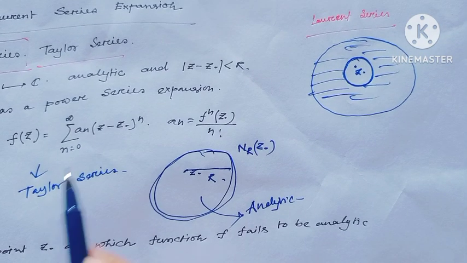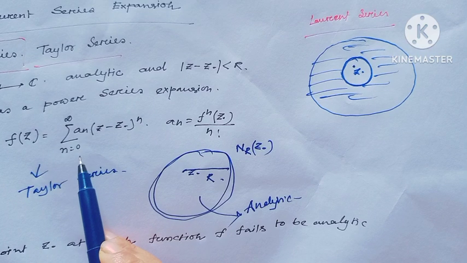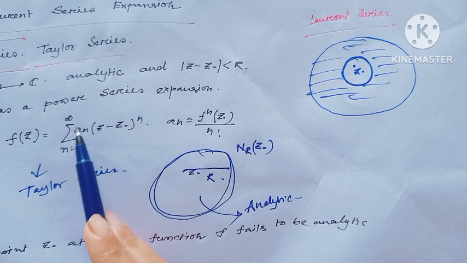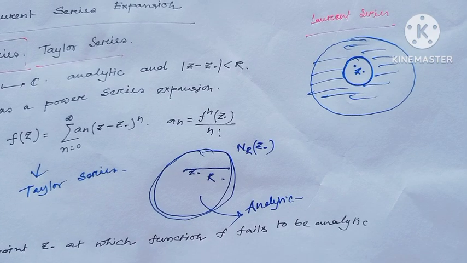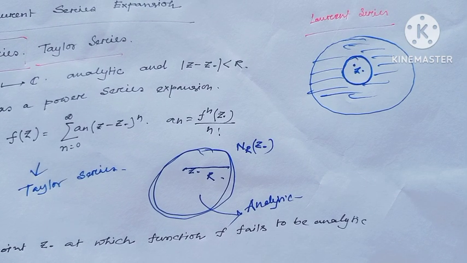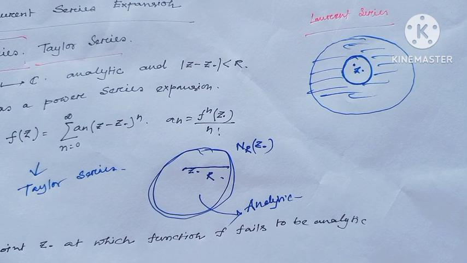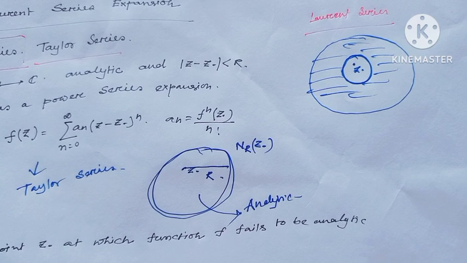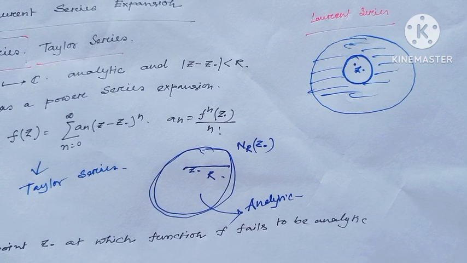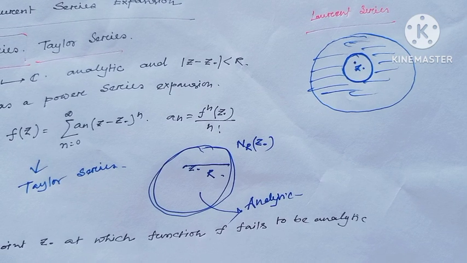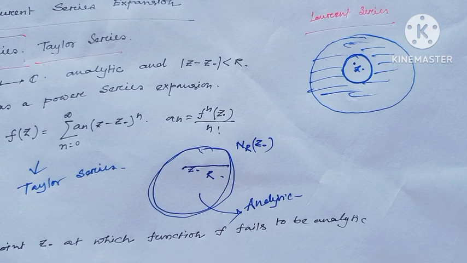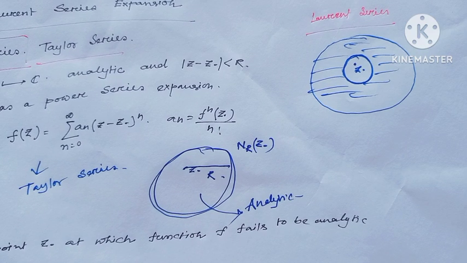Here the Taylor series is for n equal to 0 to infinity, but the Laurent series is also used for the minus infinity case. That means the Laurent series is applicable for n equal to minus infinity to infinity. I hope all my viewers have understood when the Laurent series is applicable.